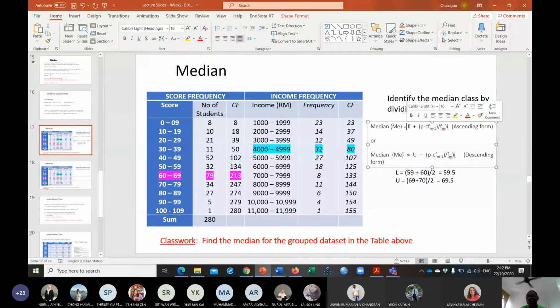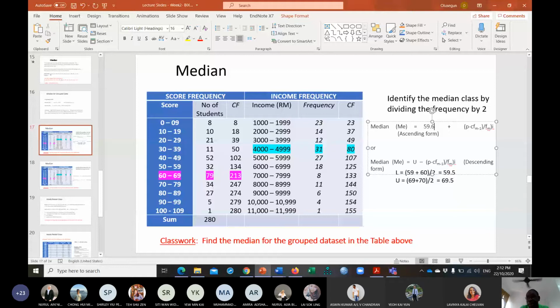Or maybe I'll begin to put the figures here. Okay, the lower limit now is 59.5, plus I have 140 as P.